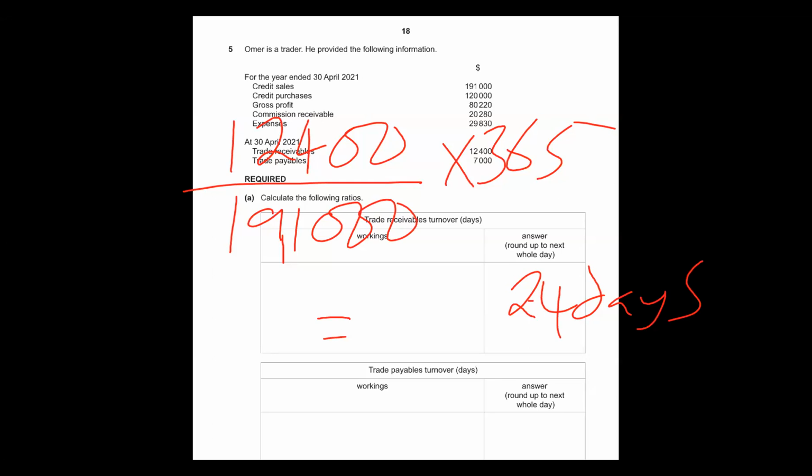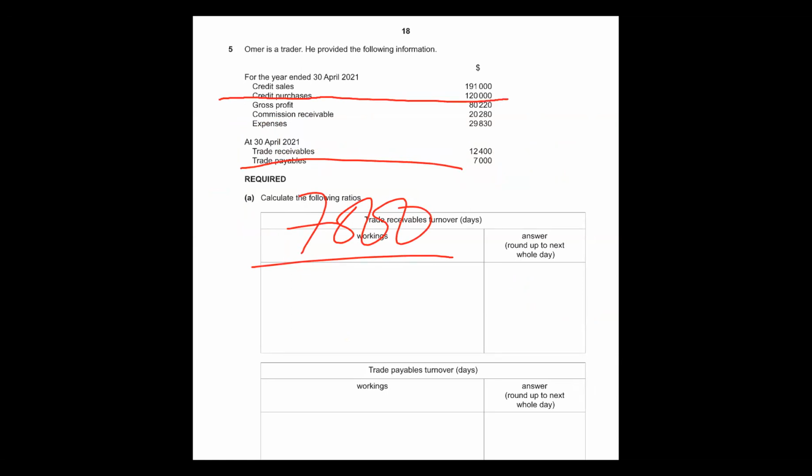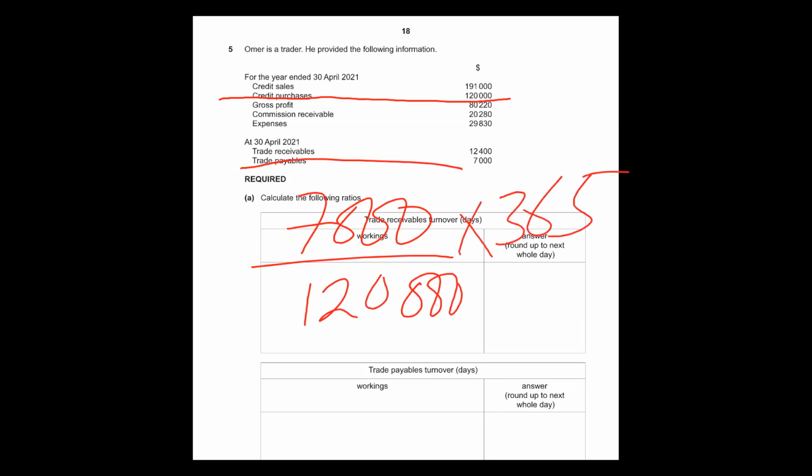The trade payables that we have are equal to 7,000, out of 120,000 credit purchases, multiplied by 365 days. When you do your computation, what you should be able to find is 22 days. Does that help? Yes, sir. Okay, thank you.